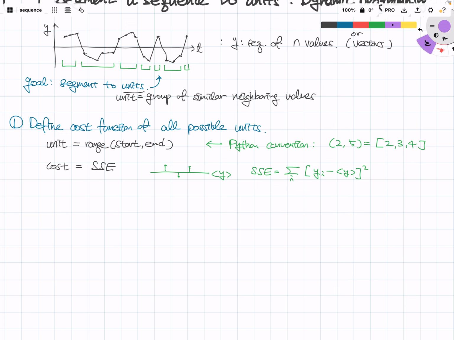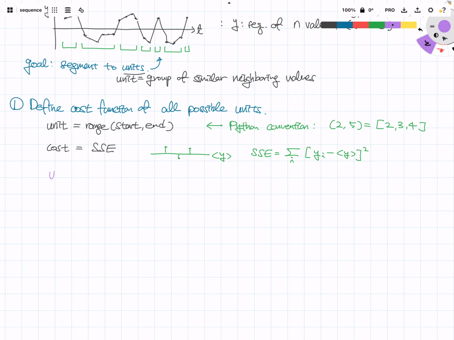In terms of pseudocode, we can define unit cost as a dictionary of each unit.